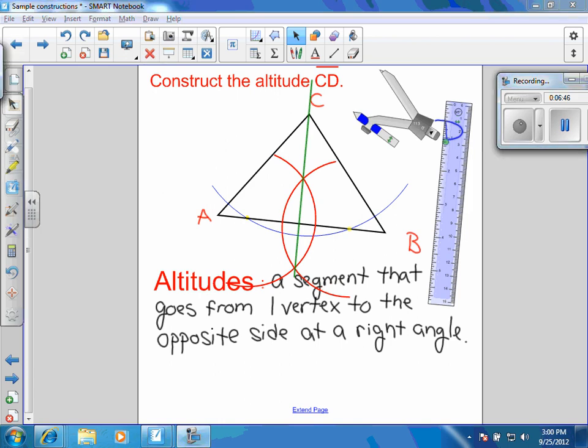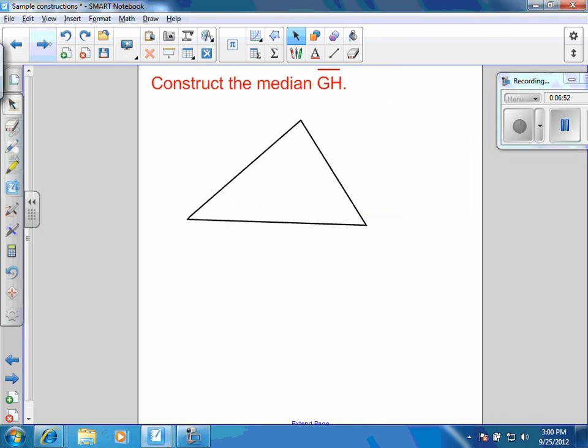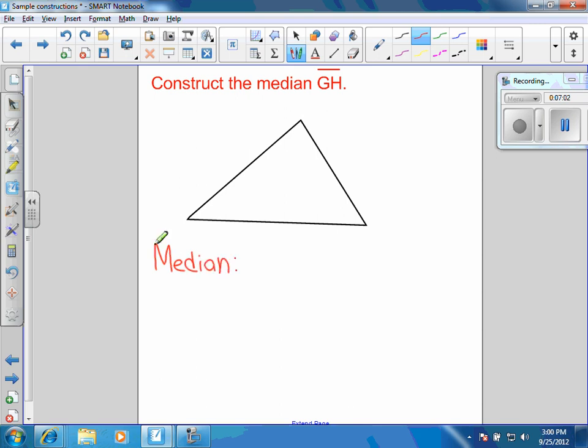Okay, so we're going to go to the next one. Let's do the next construction, which is medians. So medians are a different definition. A median is also a segment, and these are all in triangles.